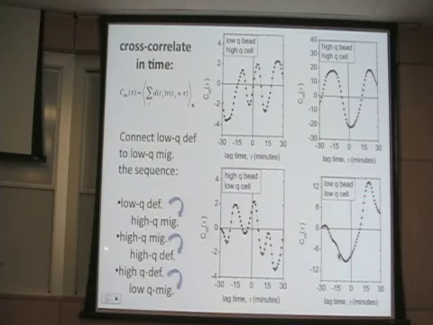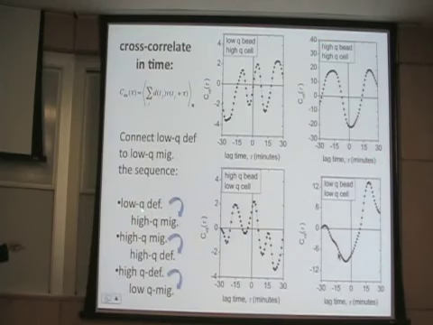You pick one and you just walk from one to the next, if you want to answer the question, how do long wavelength deformations end up translating into long wavelength migrations via some local fluctuations? It follows a logical order based on how these correlation functions evolve.